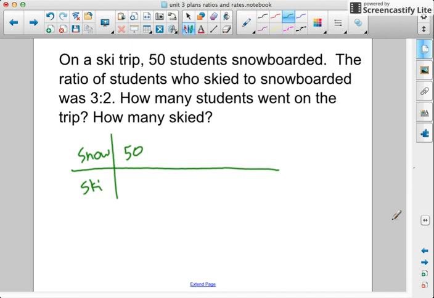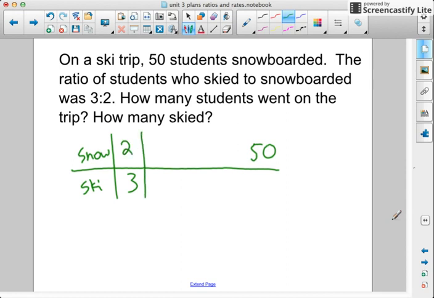The ratio of students who skied to snowboard was 3 to 2. So I'm actually going to put this 50 over here. 3 to 2. So ski to snowboard, it would be 3 to 2.